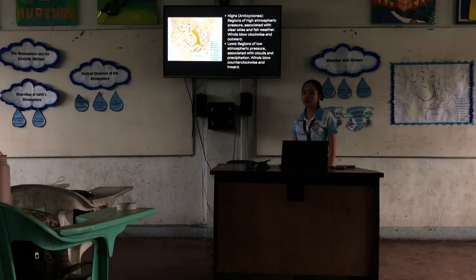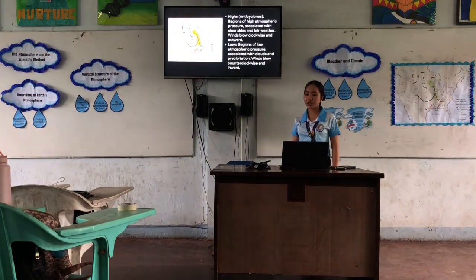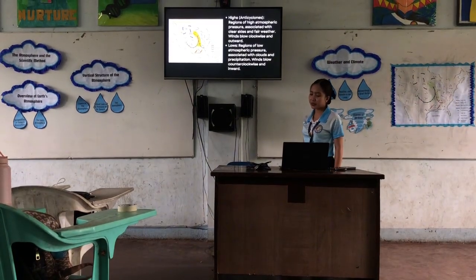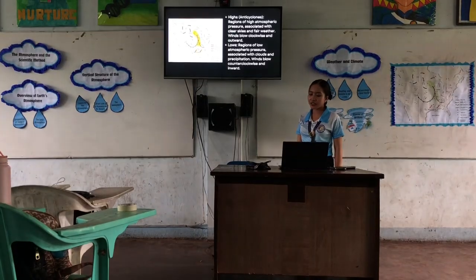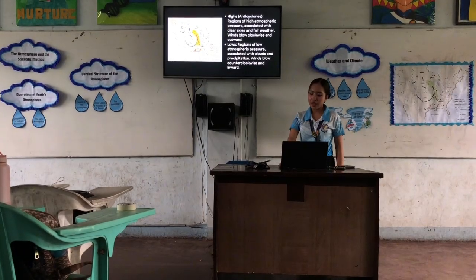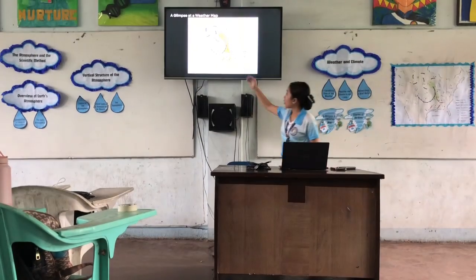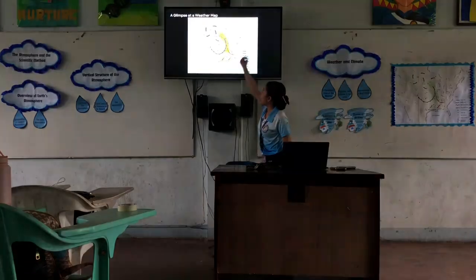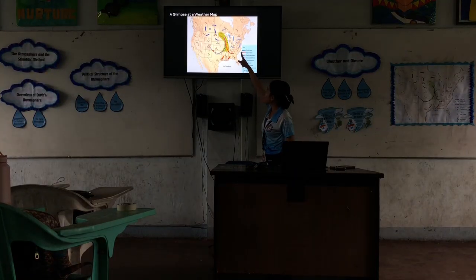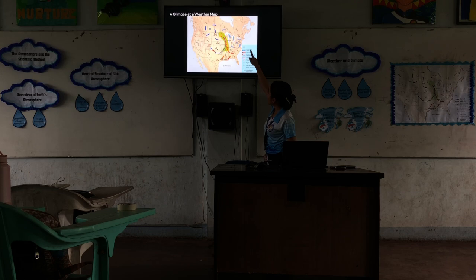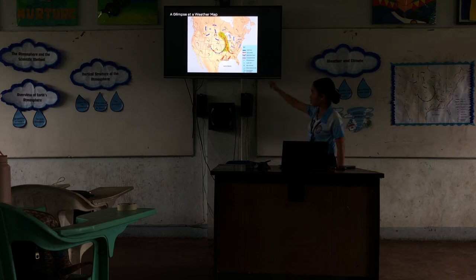Then we have the lows, regions of low atmospheric pressure associated with clouds and precipitation. Wind blows counterclockwise and inward. So this is our highs, and the counterclockwise is the lows.